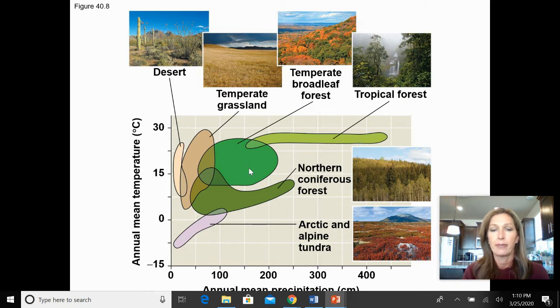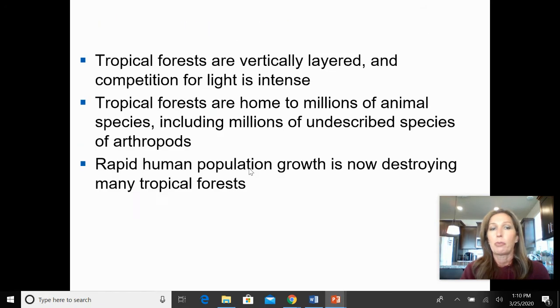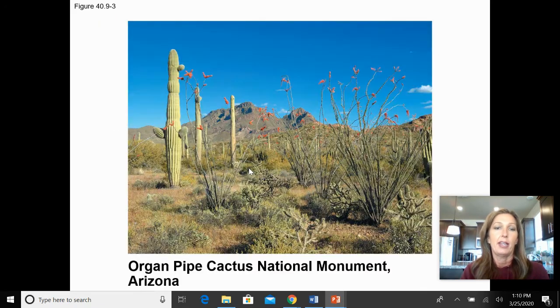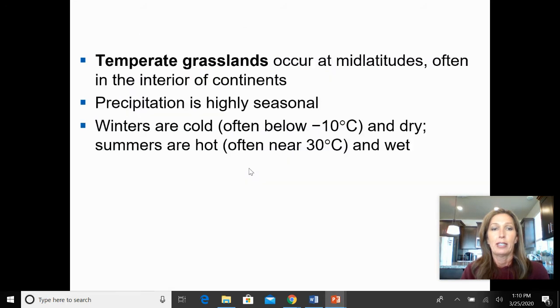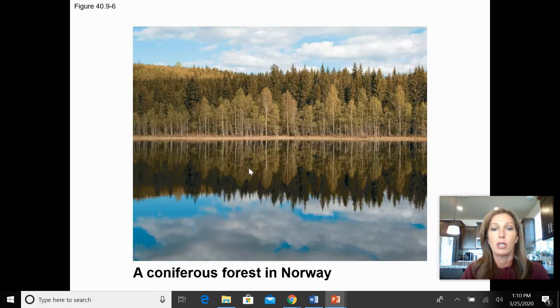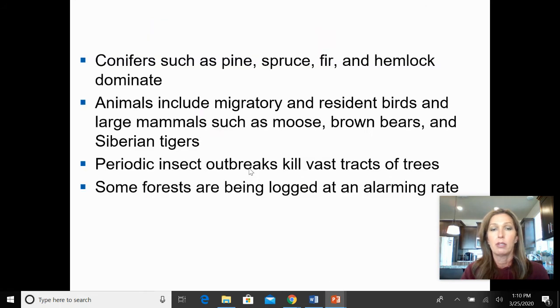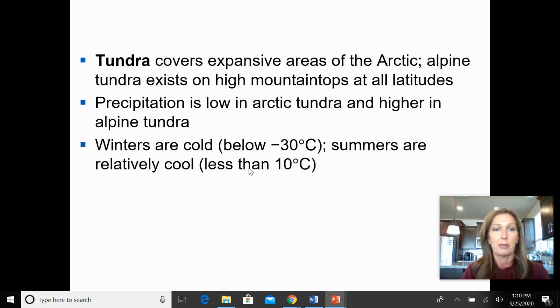in that particular area. Now, you do not have to memorize tropical rainforest, savanna, desert, here's our chaparral. That's what a lot of California is. Our grasslands, that's what a lot of the Central Valley that we live in is, grasslands. Our northern coniferous forest, your broadleaf forest, which would also be our temperate forest, is what we'd be talking about there.